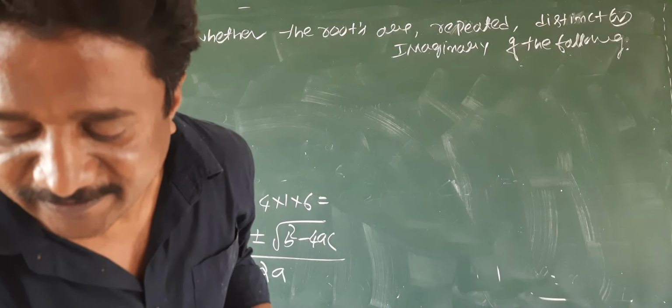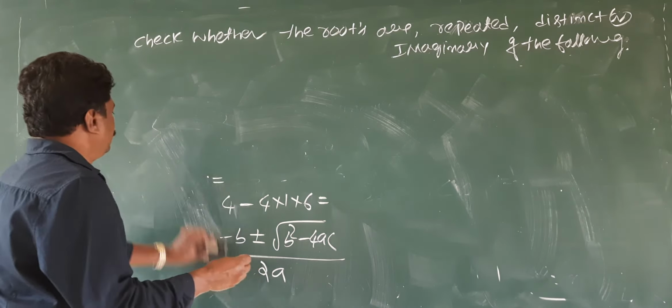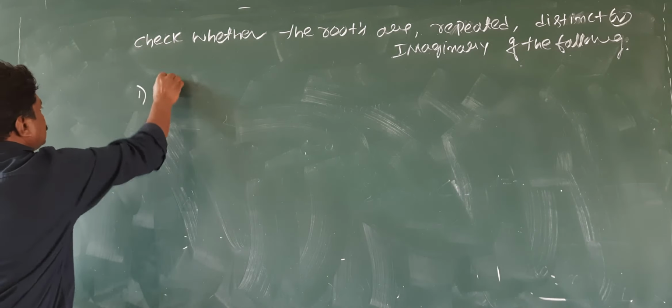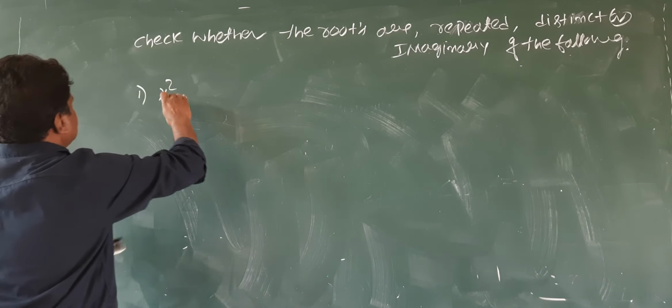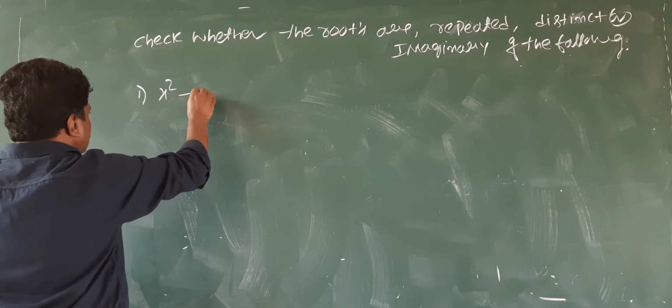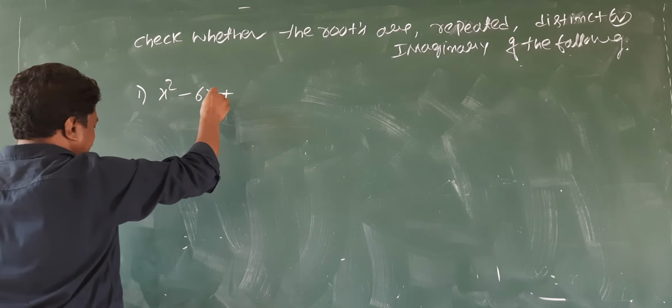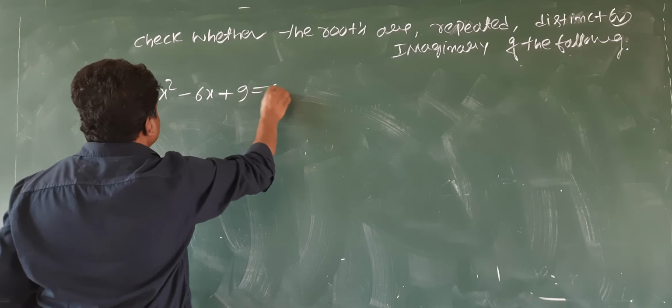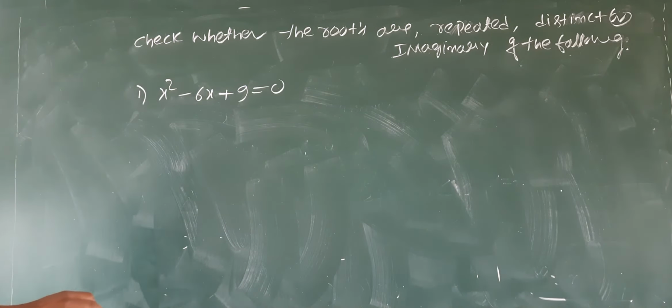First question is x square minus 6x plus 9 equals 0.